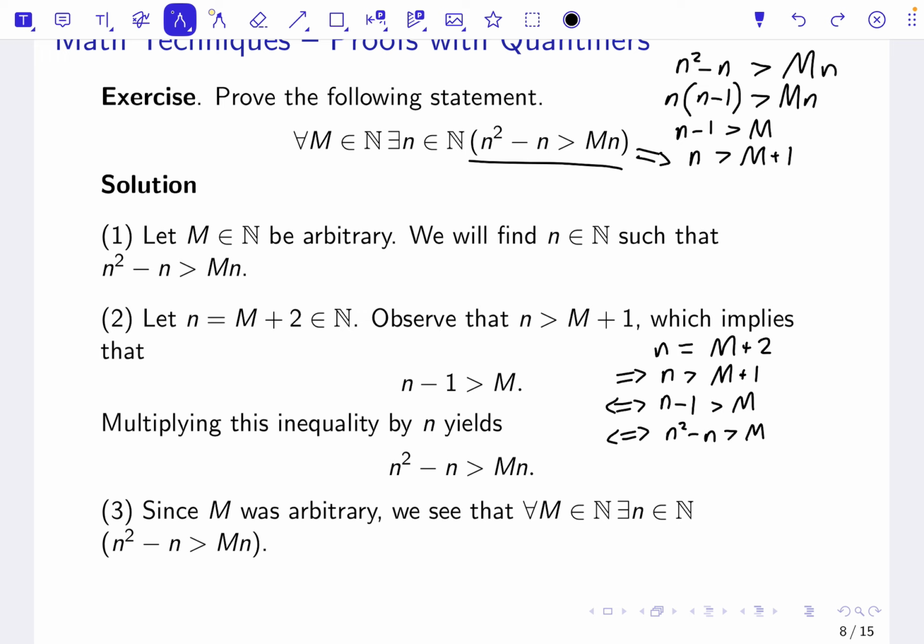Since m was arbitrary, we see that for all m, there exists an n such that n squared minus n is greater than mn. Cool. You just did your first proof with quantifiers and inequalities. It's going to get so much worse from here.